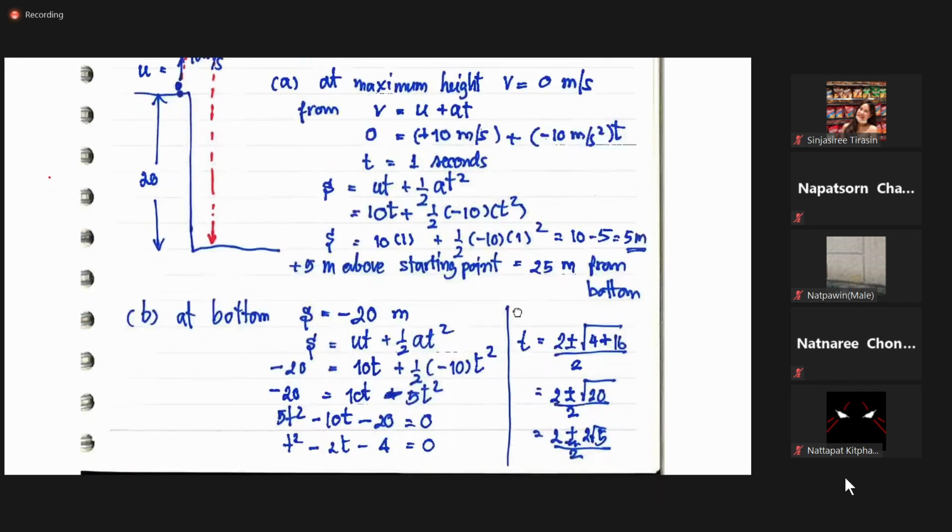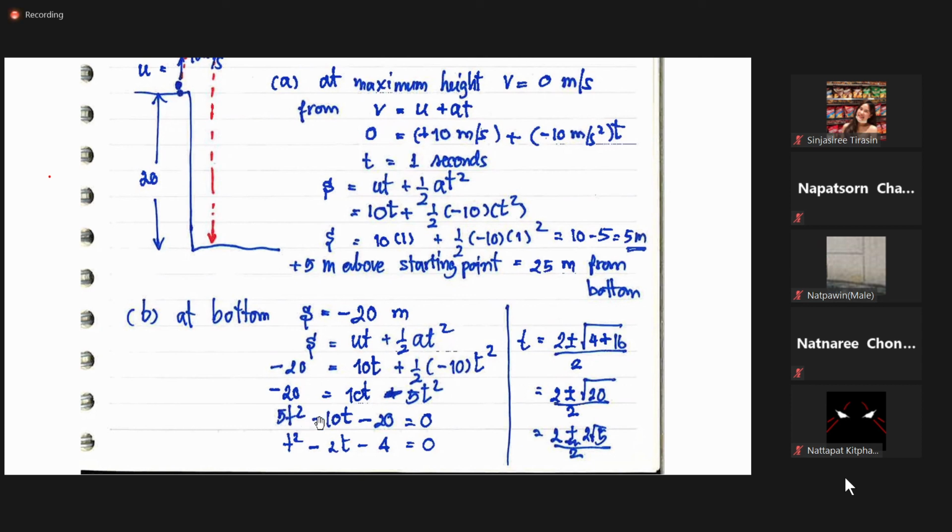Now, to find the time it reaches the bottom, s equals minus 20 meters because it is lower than the initial point. Now s is ut plus 1/2 at squared. Substitute s to be minus 20 because it is lower than the initial point. u is still positive, plus 10t, and plus 1/2 of minus 10 t squared.